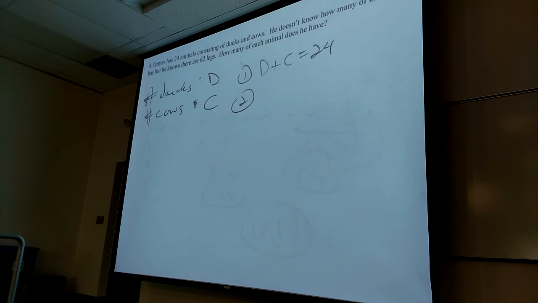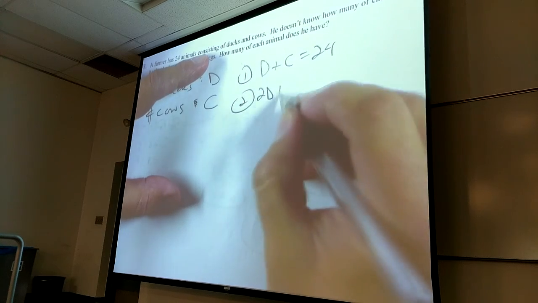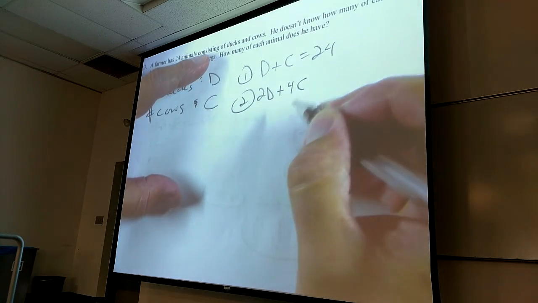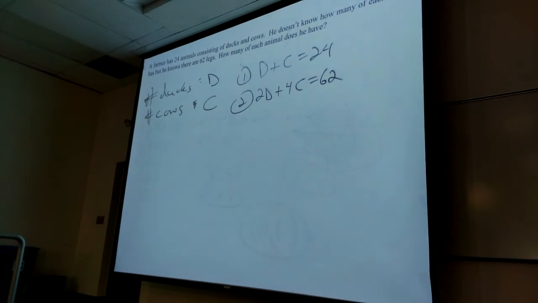So if there were 10 ducks, there would be 20 duck legs. How many ducks are there? D. So how many duck legs? 2D. How many cow legs are there? 4C, for a total of 62 legs.